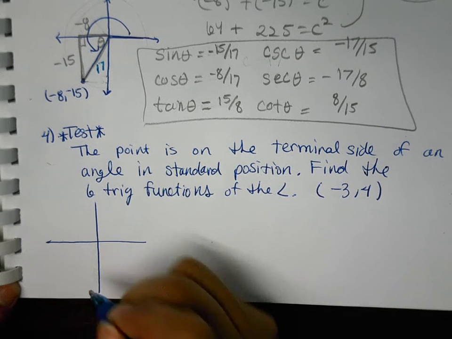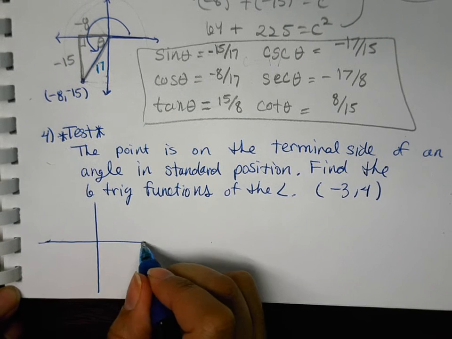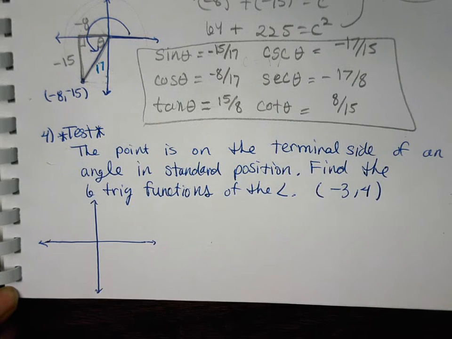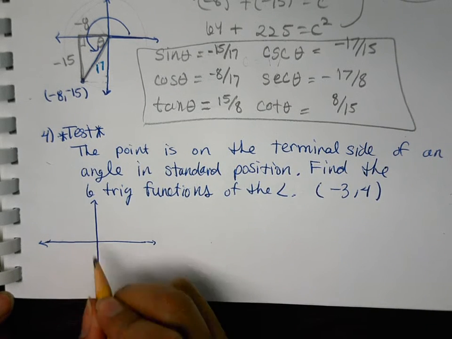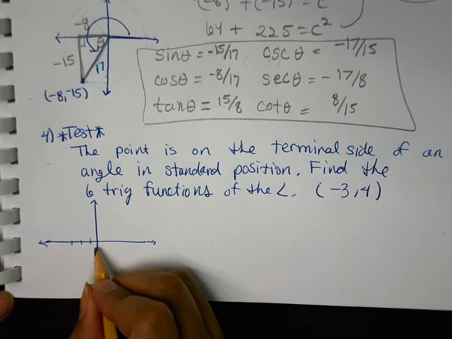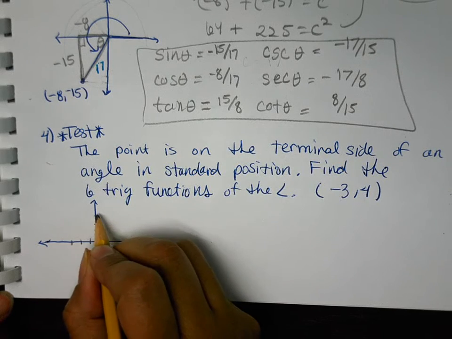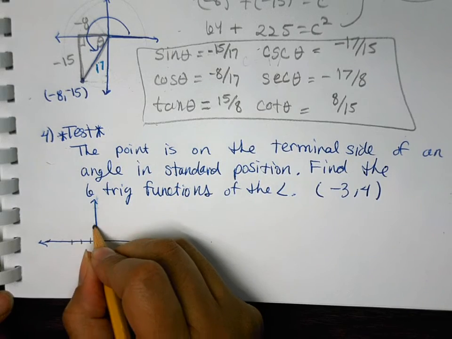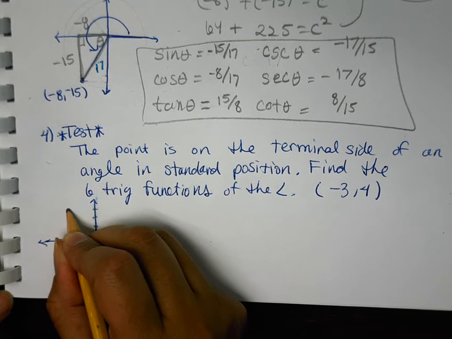Any suggestions on what we should do, where we should start? Plot the point, okay. 1, 2, -3; 1, 2, 3, +4. Okay.